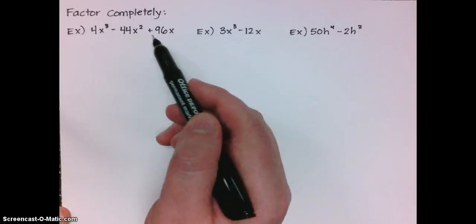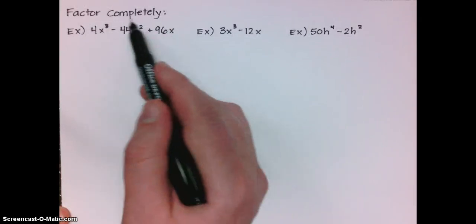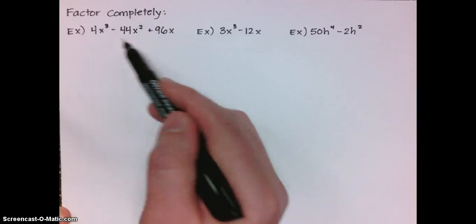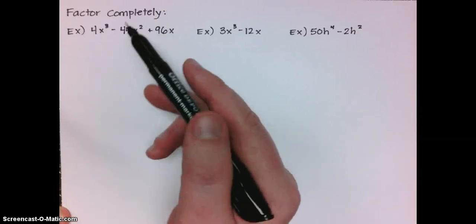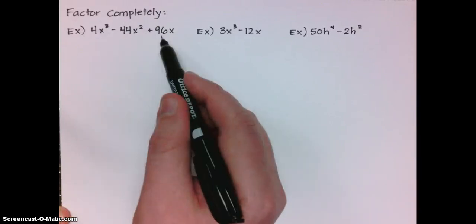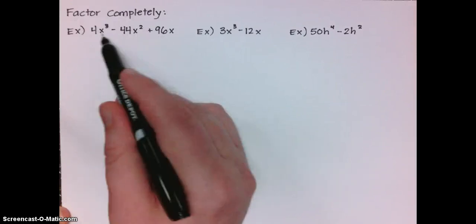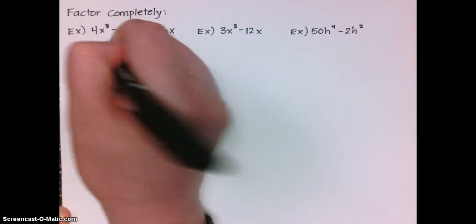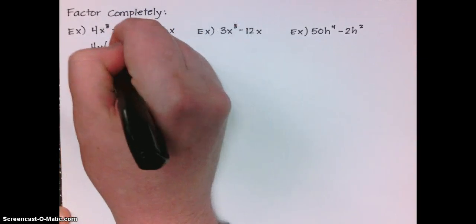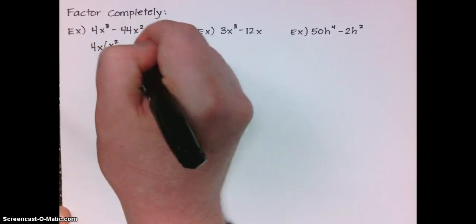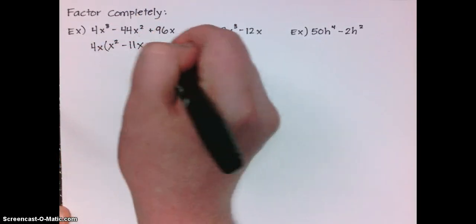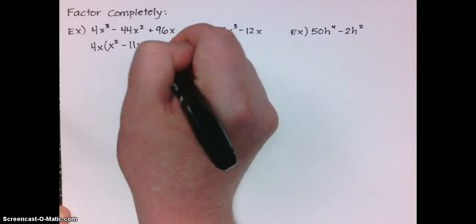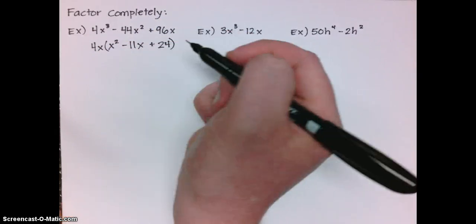What I'm going to do is look to see what is the greatest common factor of all 3 of these elements. And I can see a 4 I can take out, and also I can take out an x. So let's do that. 4x, and I'm going to be left with x squared minus 11x plus 24. All right.